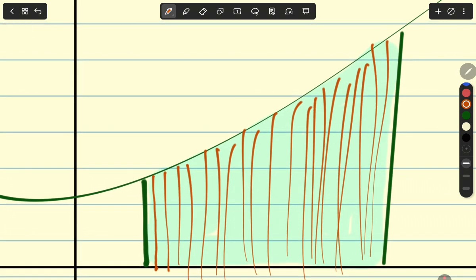So these are tiny rectangles. This is one tiny rectangle, this is another tiny rectangle, then this, then this, then this, then this. And if I make them very, very fine thin strips, then this over recording that's happening, we are going to minimize that, right? So what is the area of any one strip?